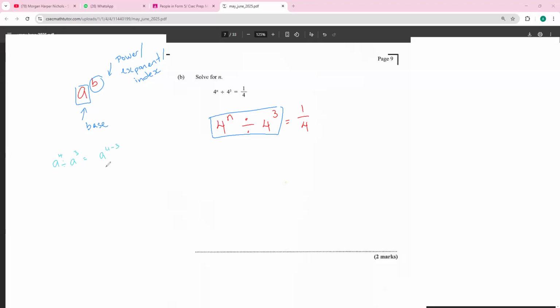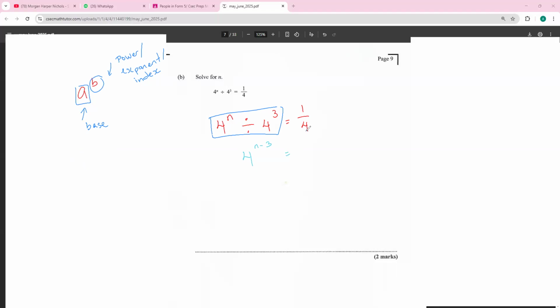That's the rule. So the base will remain the same, but we are going to subtract the powers. So we have power of n minus 3.